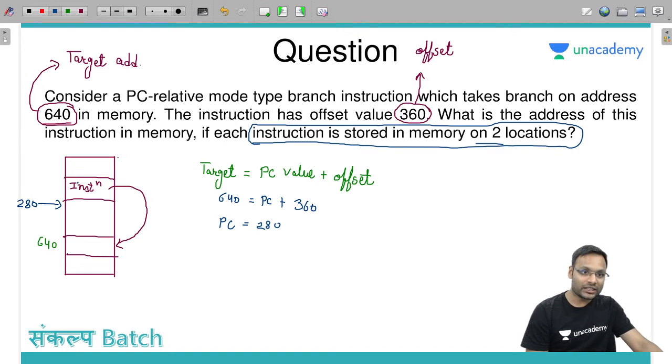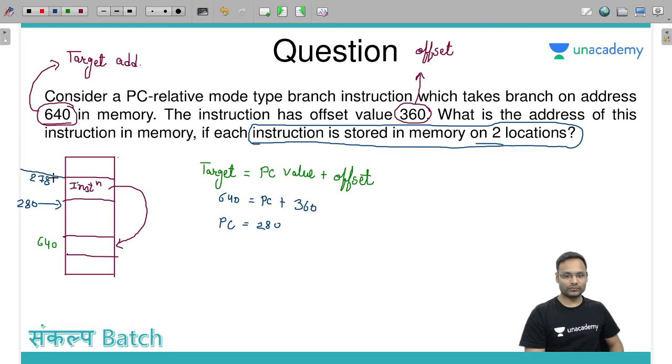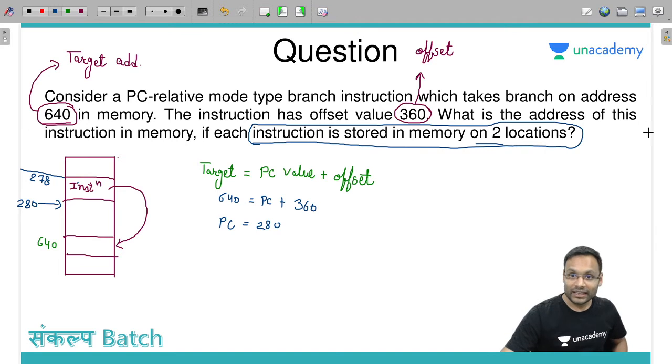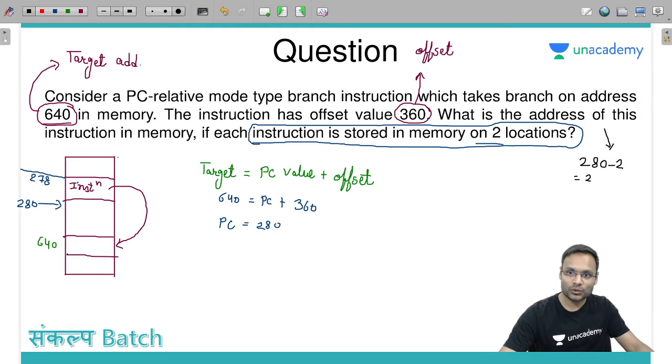After that 280, can you tell me this particular instruction's address will be what? Current instruction's address will be 280 minus 2. Answer is 278.